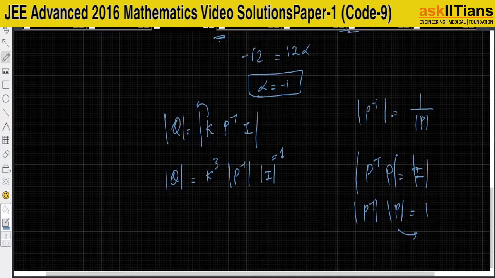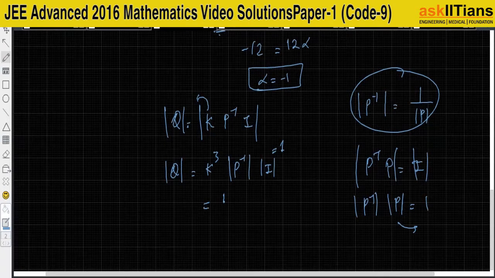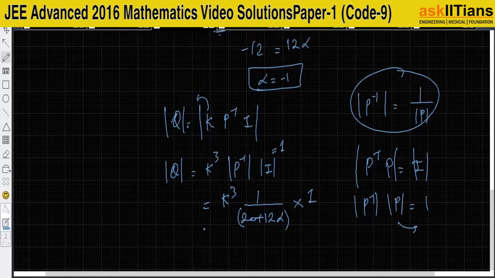So I'll get determinant of P inverse as 1 by determinant of P. So this can be written as K cube into 1 by determinant of P, and we know that determinant of P is nothing but 20 plus 12 alpha. This we already calculated, and determinant of I is 1.